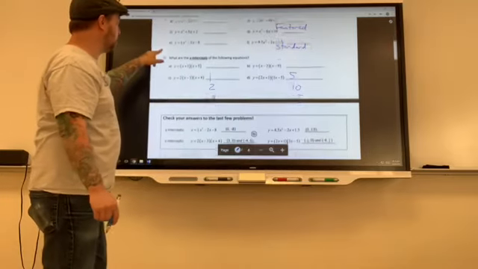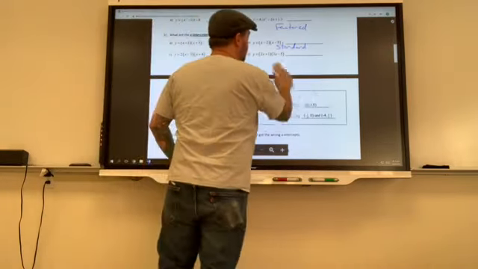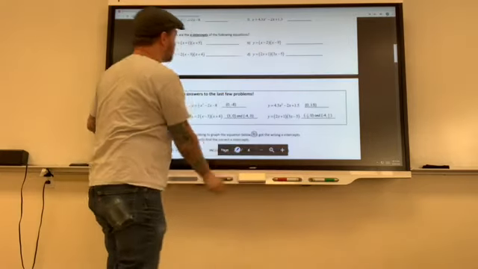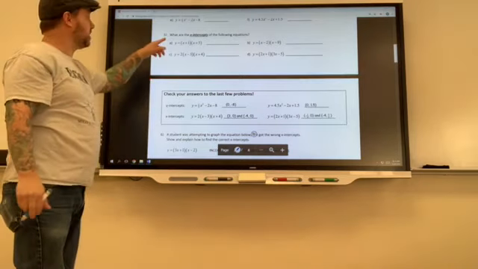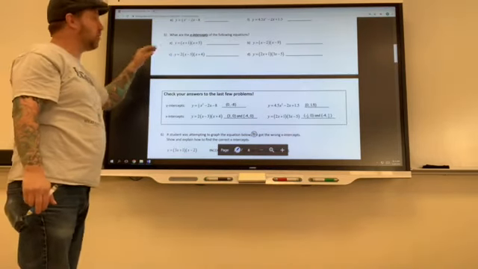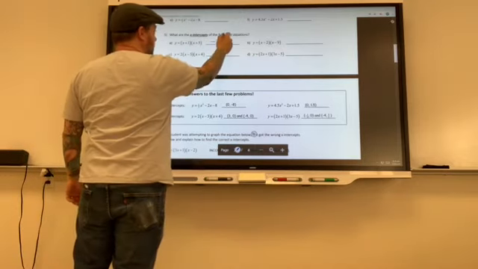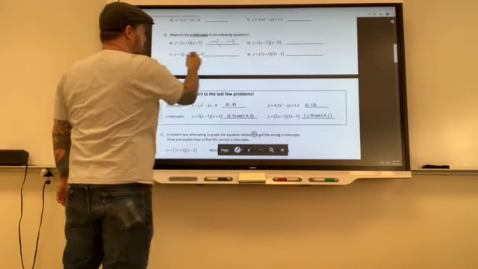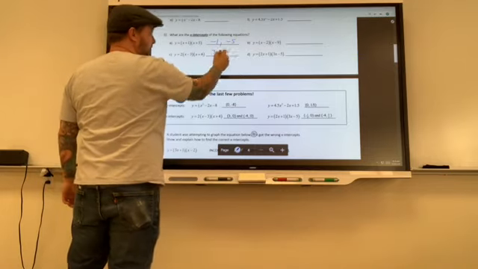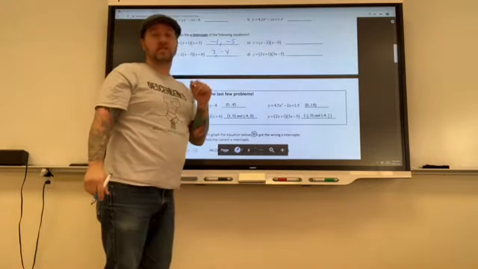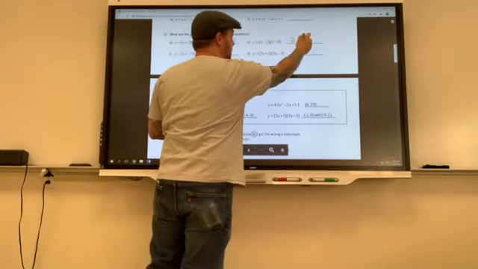Good. Now, what are the x-intercepts? All right, so remember, the x-intercepts are when y is 0. So if this is 0, x would be negative 1 or negative 5. Here, 3, negative 4. What would it be here? That's right, 2 and 9.